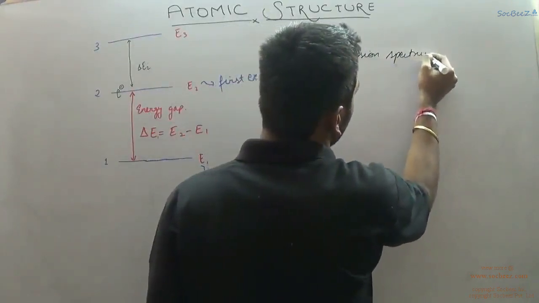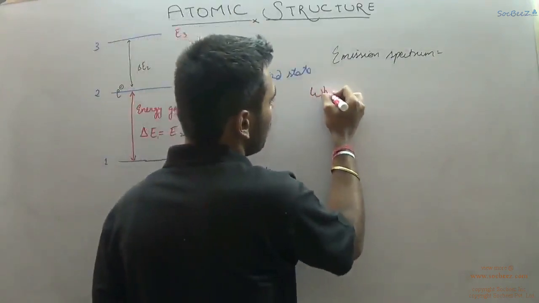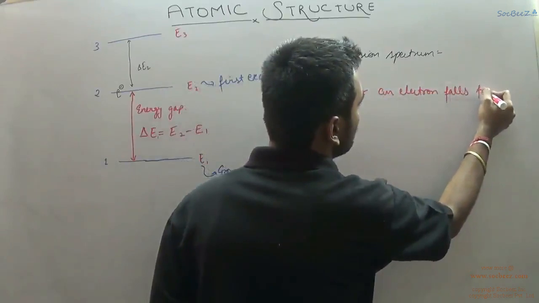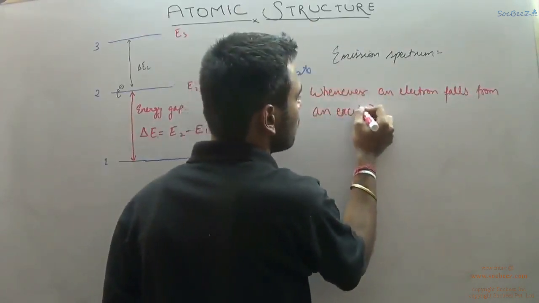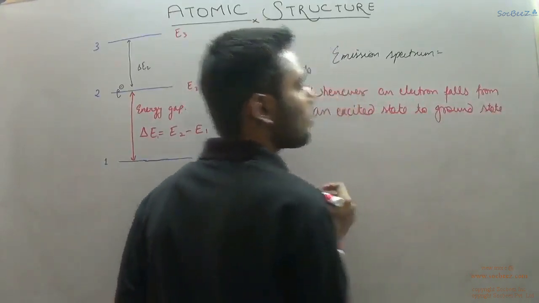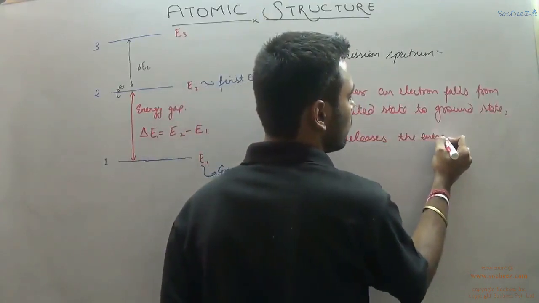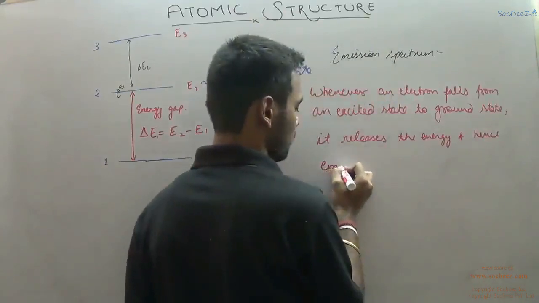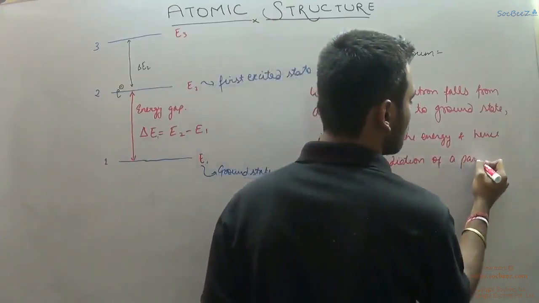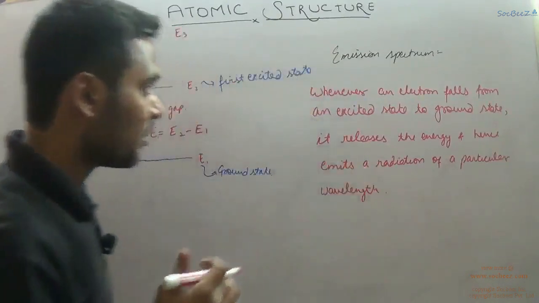If the definition is written, it will be like this: whenever an electron falls from an excited state to the ground state, it releases the energy and hence emits a radiation of a particular wavelength.